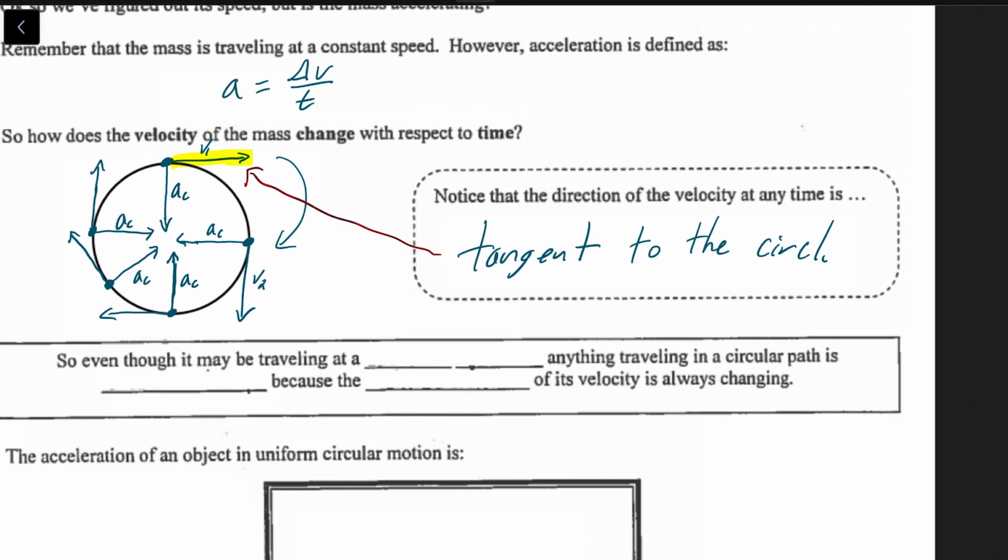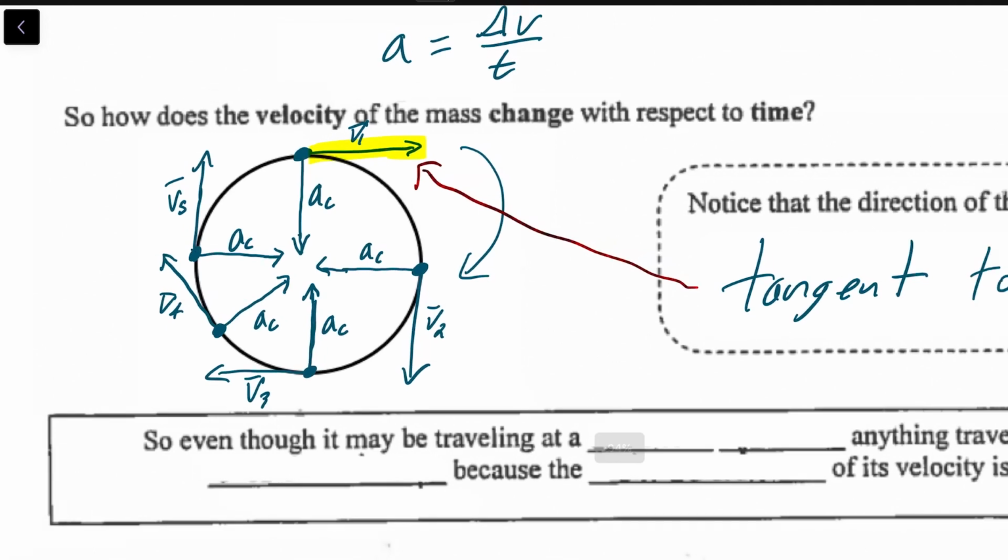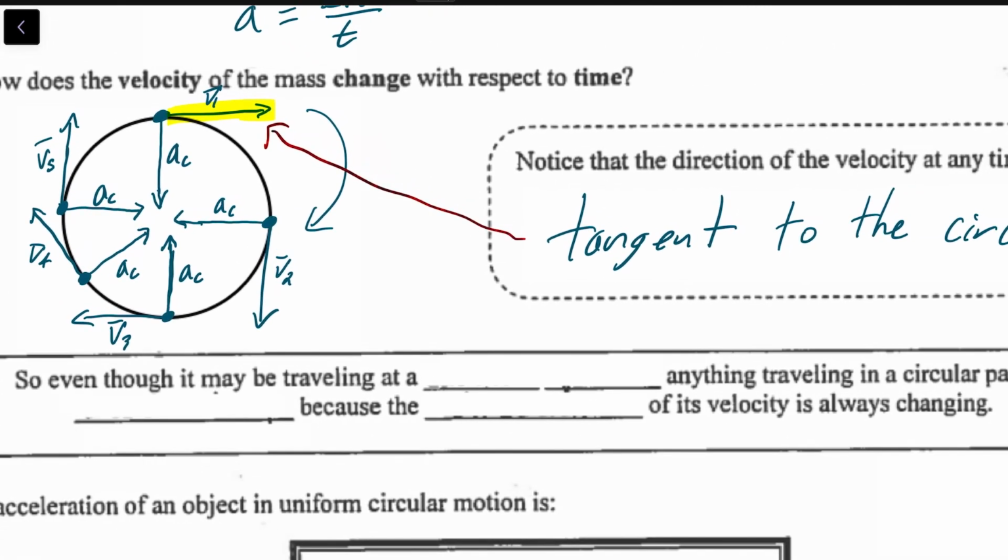Each of these vectors that I drew for velocity, whether it be velocity 1, 2, 3, 4, or 5, are all drawn tangent to the surface of the circle. And that's how we assume, because if you were to break the circle and just let go of the rock, it would fly off tangent to where it was released, straight ahead. It would stop rotating and fly forward.